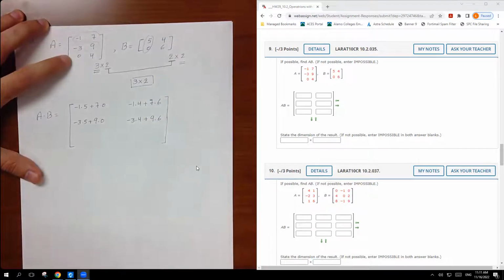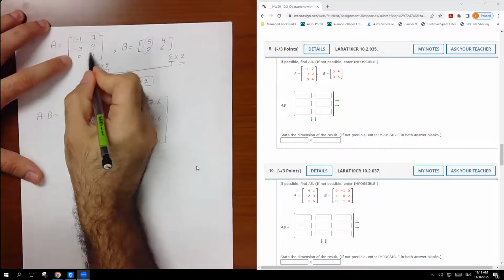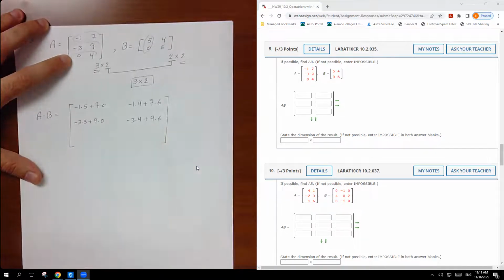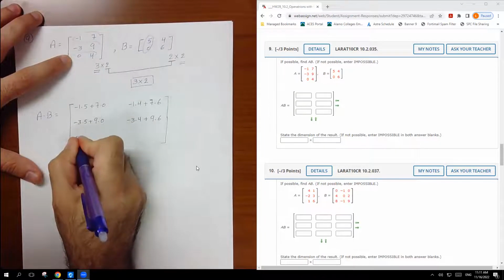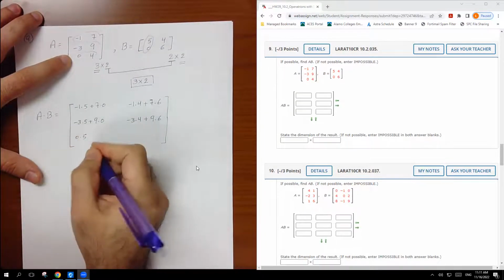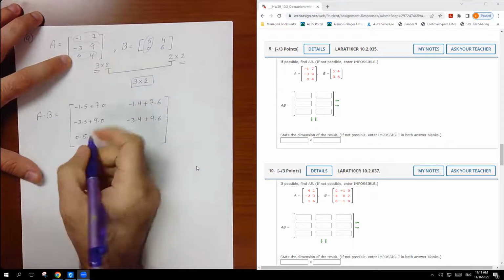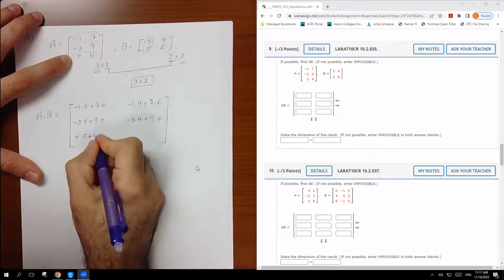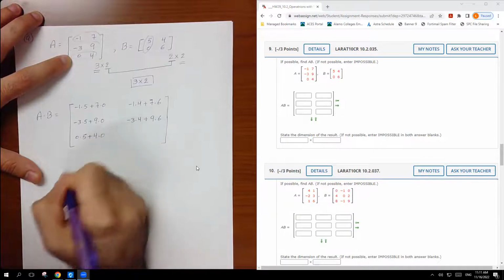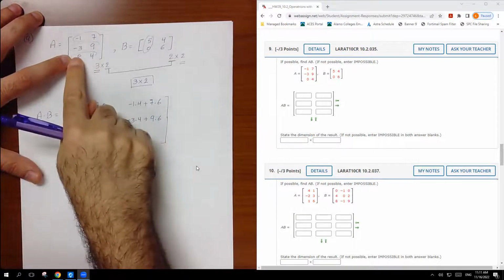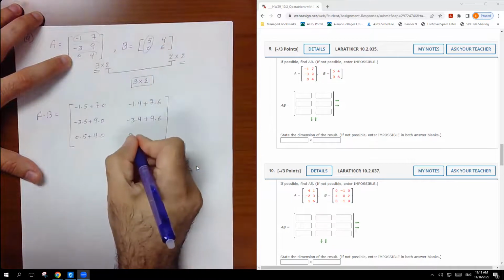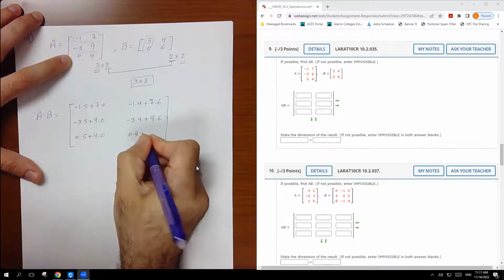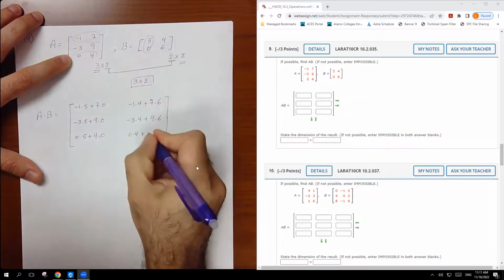Now we're going to work with the third row. The third row with the first column is going to be 0 times 5 plus 4 times 0. Then the third row with the second column, 0 times 4 plus 4 times 6.